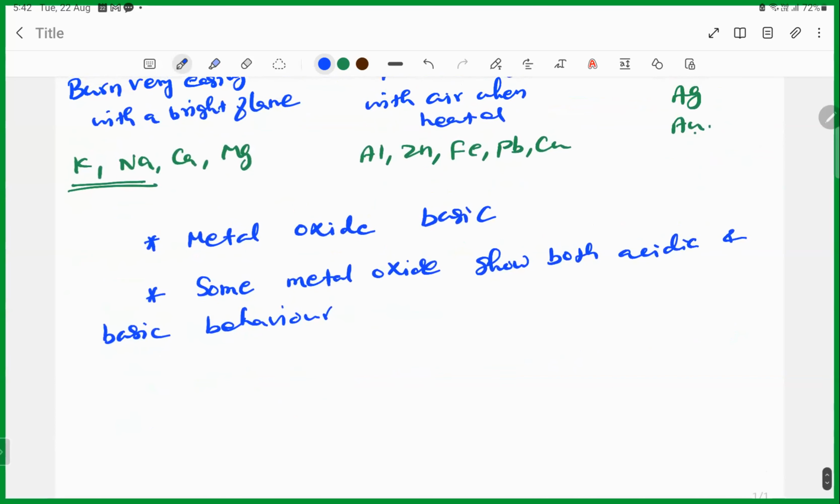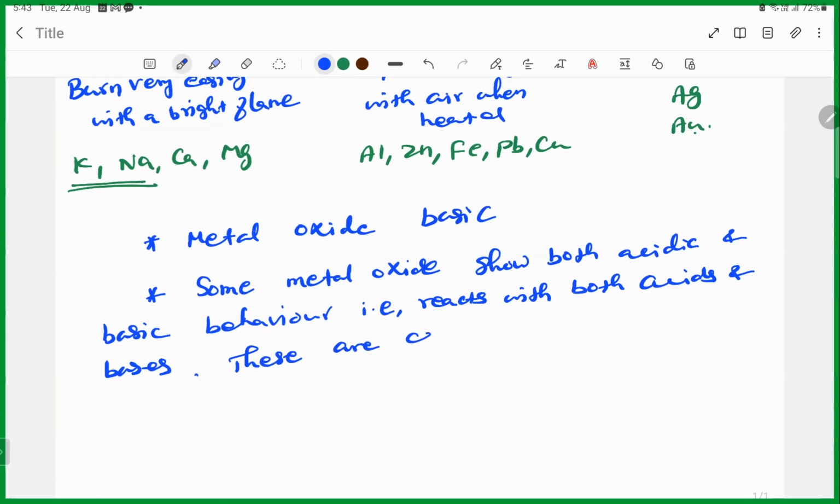That means they are ready to react with both acids and bases. These are called amphoteric oxides.